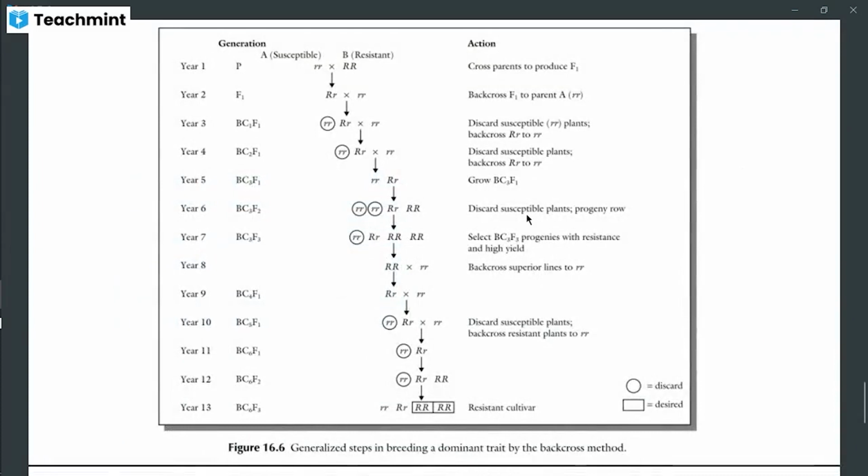Here there is a parent A and a parent B. Parent A is susceptible but agronomically superior, and parent B is resistant but not performing well. You need to transfer the resistant gene from B to A.